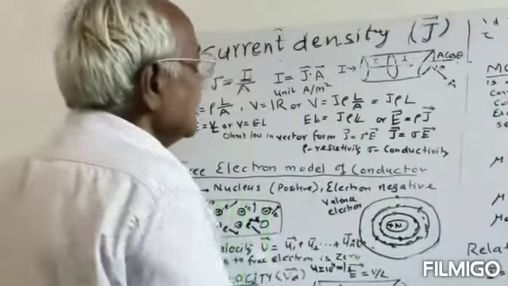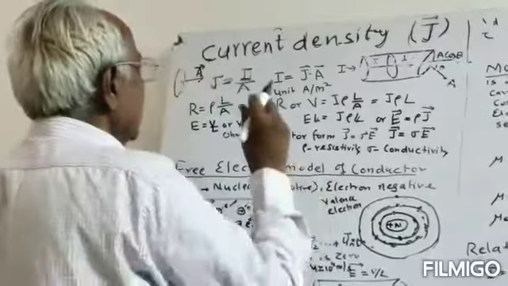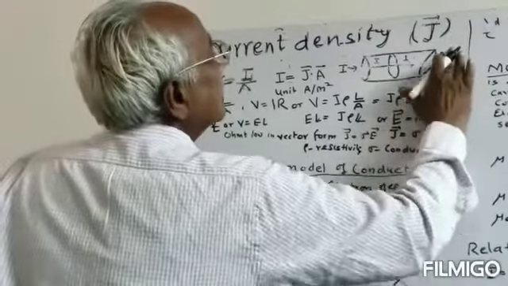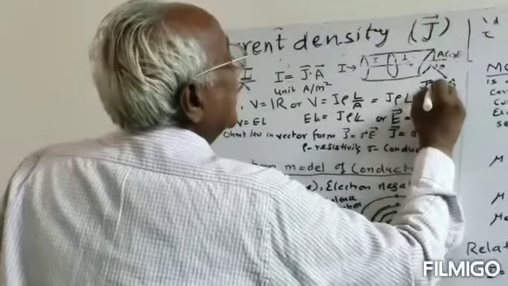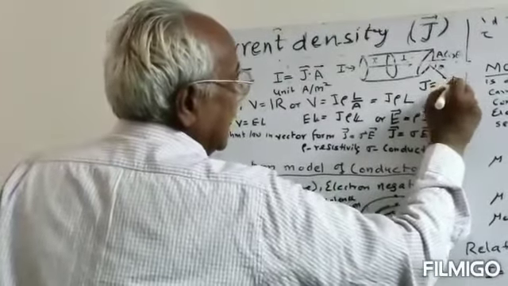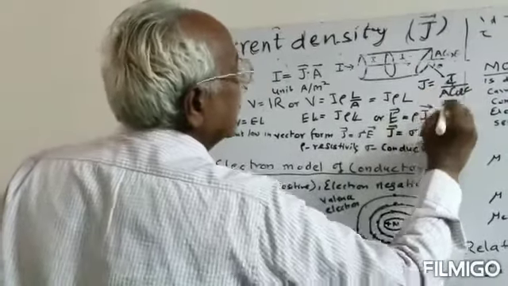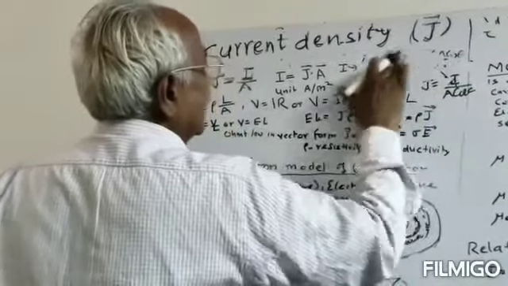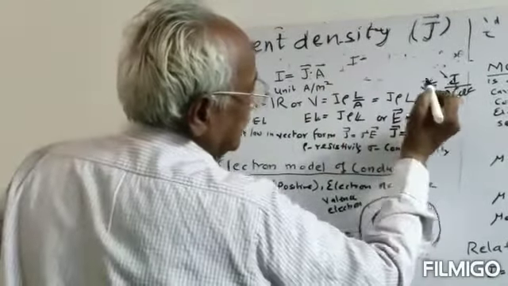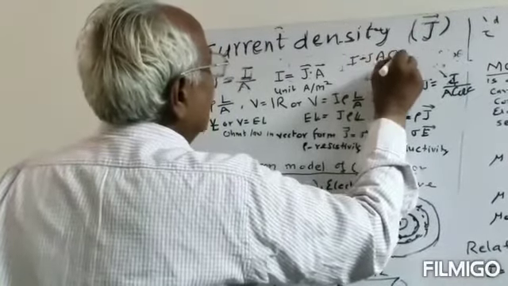So what will be the current density? Current density J will be equal to I divided by A cos theta, or we can write I is equal to J into A cos theta.